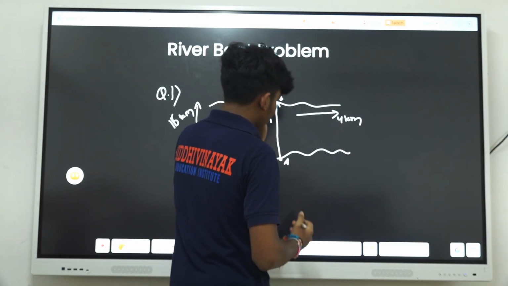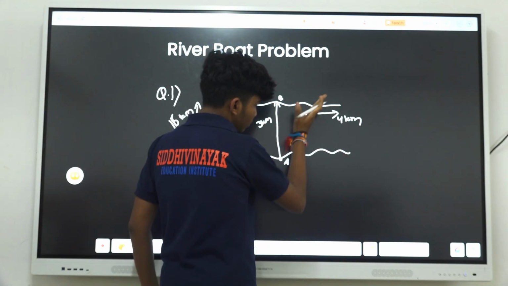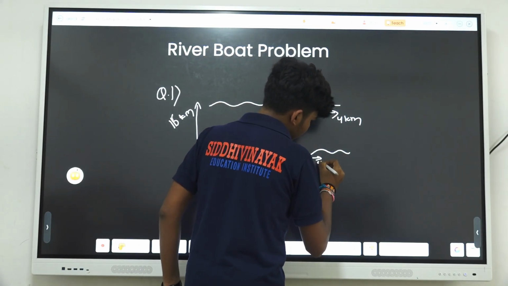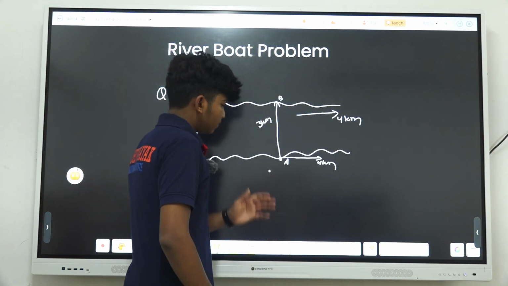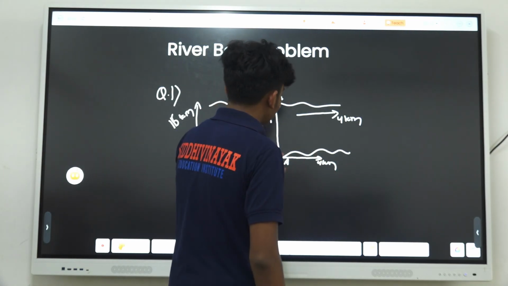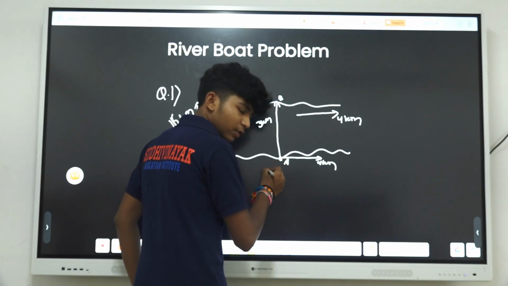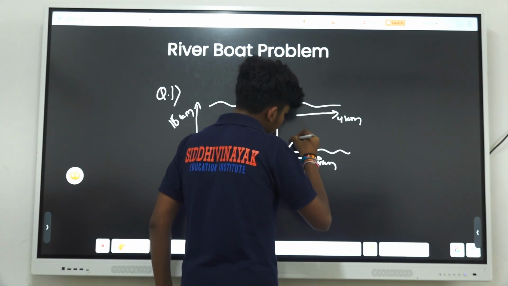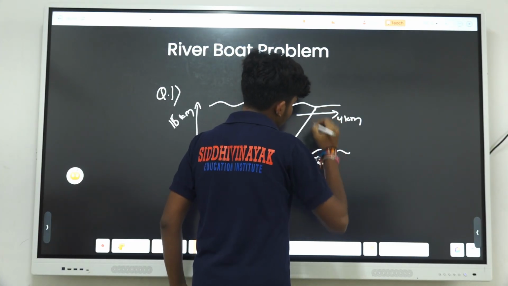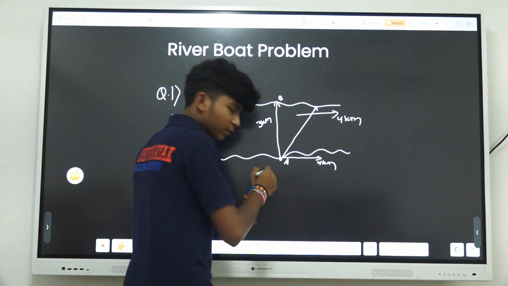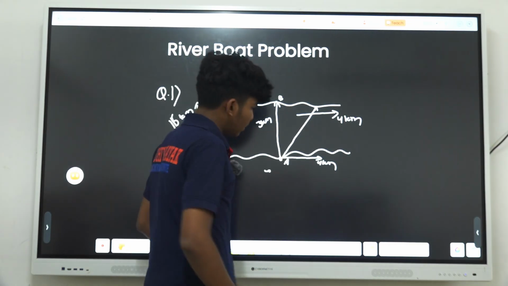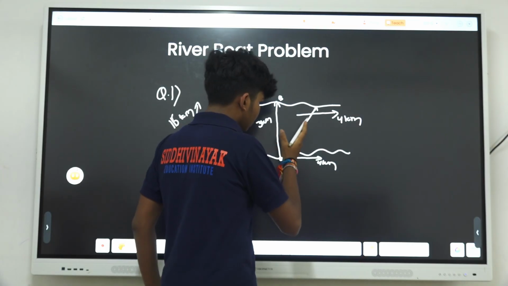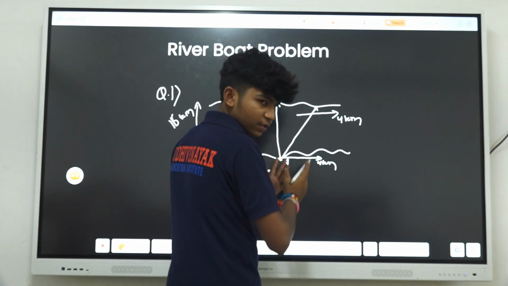One is 3 kilometers per hour upwards, and the second velocity is 4 kilometers per hour along the river. From his own frame, he will assume that he is swimming in a straight direction.